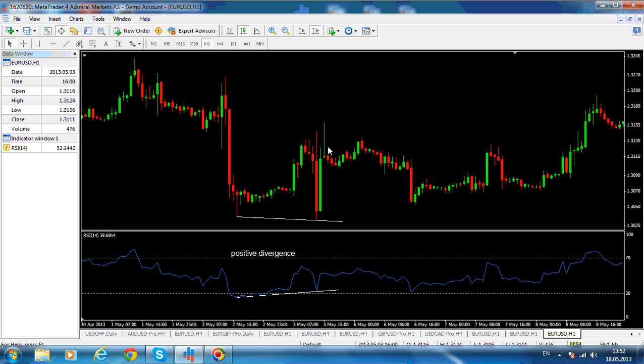Okay. Now this is the end of the first subject regarding divergences. We've taken a look at positive and negative divergences, and it is time now for the next subchapter, where I will have 4 different recordings, and under those I will try to show you confirmation for divergences when using the relative strength index.